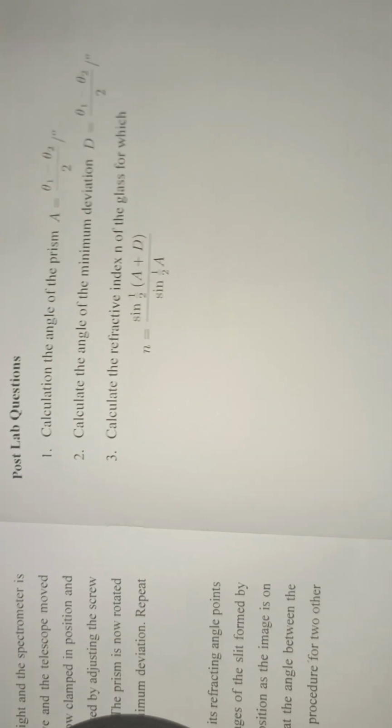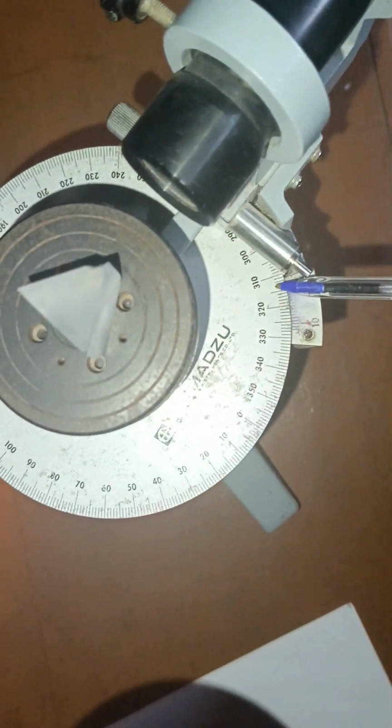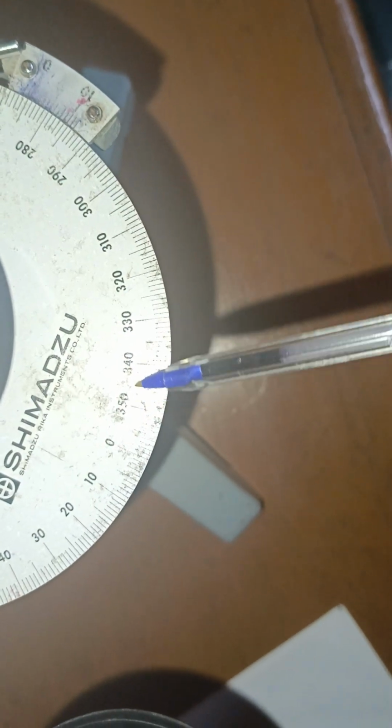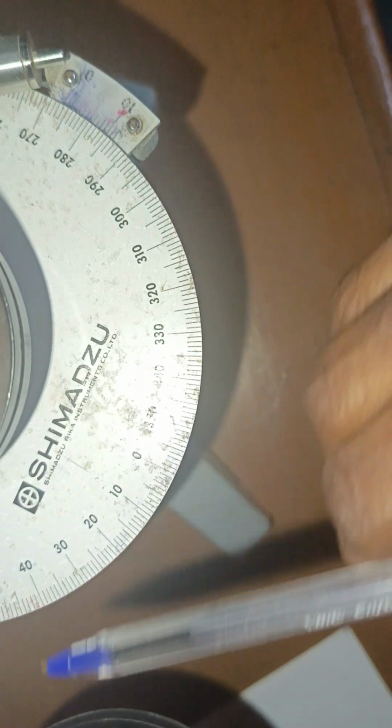Okay. Now, for the calibration of the spectrometer, we can see that the spectrometer has 360 degrees. So this is 340, 350, 360, then 0 starts from here, 10, 20 in that order.